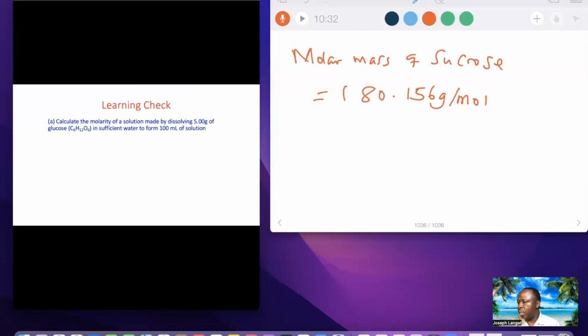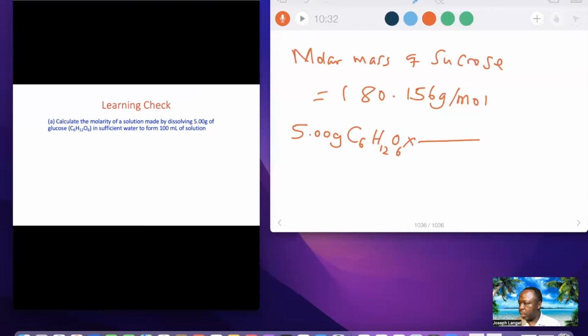So here we convert the 5.00 grams of C6H12O6 using the molar mass.